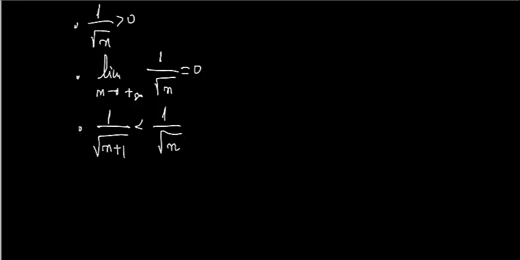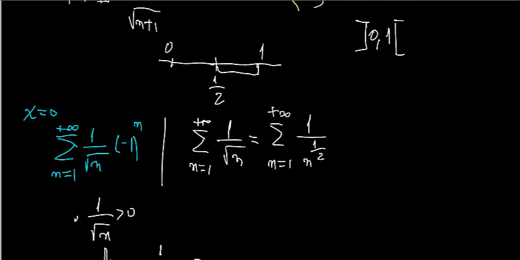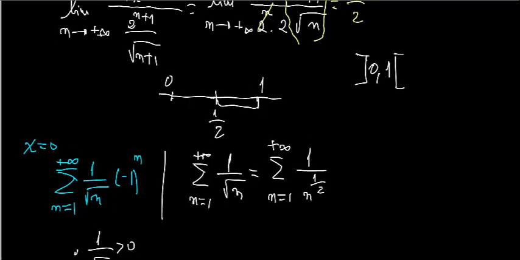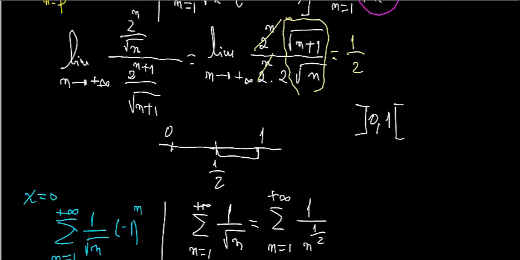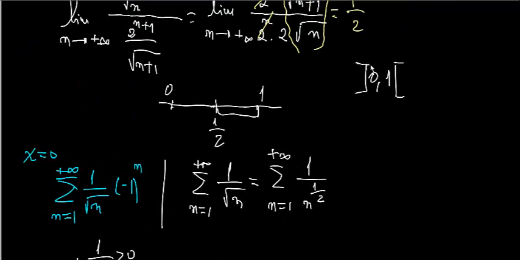Then the three conditions are satisfied, and so I can say that at the point x equals 0, this series converges, but it is a simple convergence. It is not an absolute convergence, because the series of the modulus does not converge. So now I can close the interval at the point x equals 0.